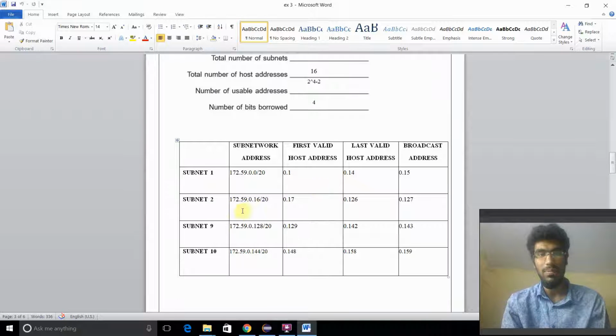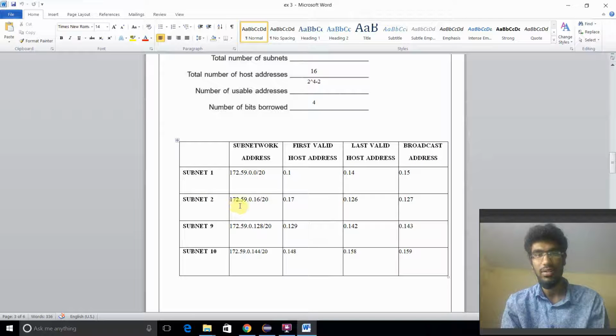And this is the subnet table: subnet 1, subnet 2, up to subnet 10. For subnet 1, the subnetwork address is 172.59.0.0, the first valid host address is 0.1, the last valid host address is 0.14, and the broadcast address is 0.15.